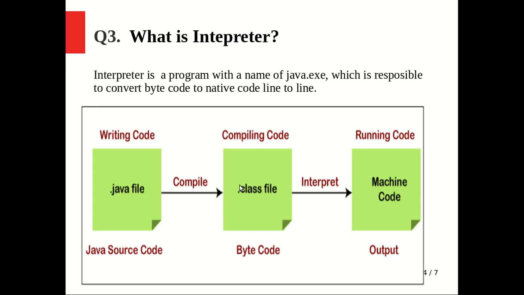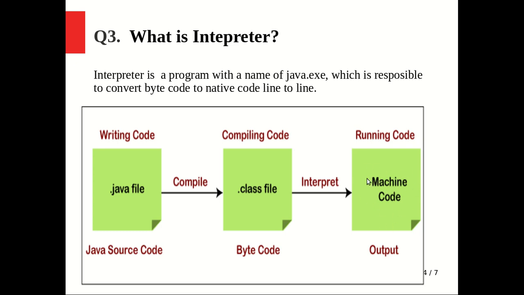Now the byte code is interpreted and converted to machine code, and then the JVM will run this machine code or native code and give the output, right? So the interpreter is a program used to convert this byte code to native code or machine code.